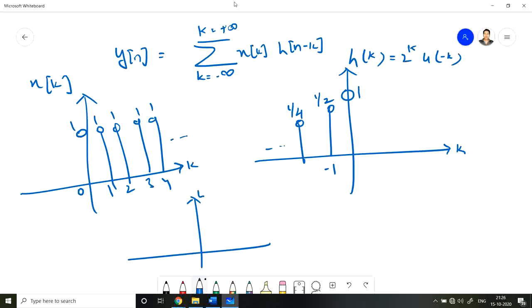Now the graph of h[n minus k] for n less than 0 will shift in the negative direction.